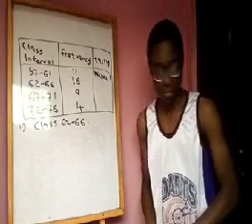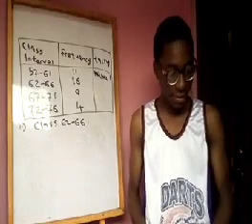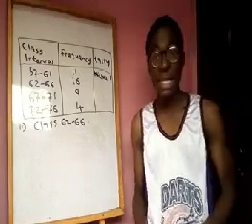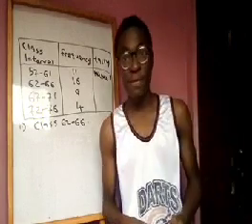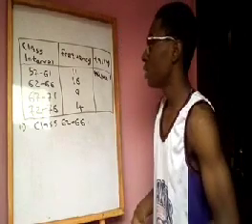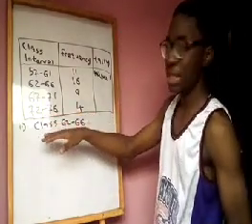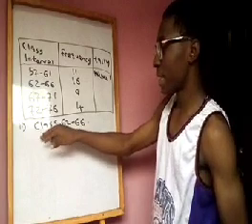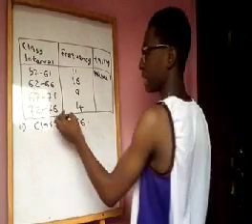Then moving on, what is the class midpoint? In the previous video I gave the formula as the upper limit plus the lower limit divided by 2. So let's look for the class midpoint of the modal class, that is the class with the highest frequency, which is class 62 to 66.